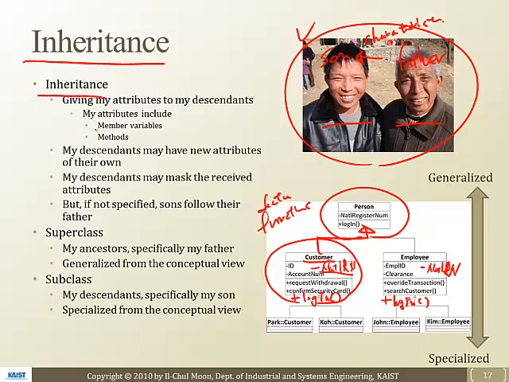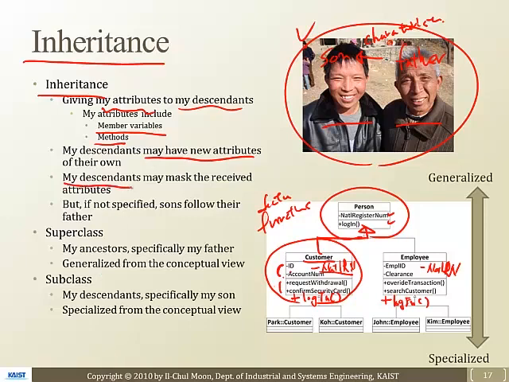So inheritance means giving my attributes to my descendants. My attributes include the member variables and methods, those second box and third box. And my descendants may have new attributes such as ID and account number, and request withdrawal, confirm security card, etc. They might have new attributes, their own.